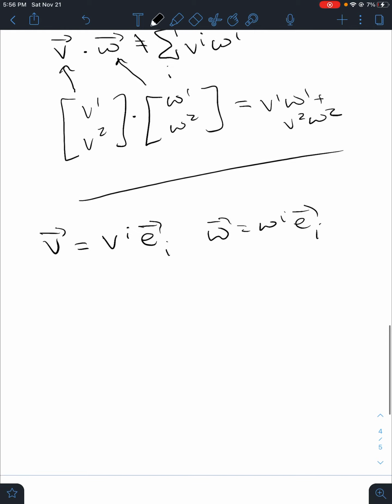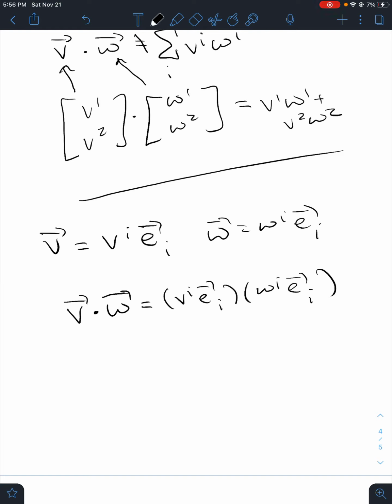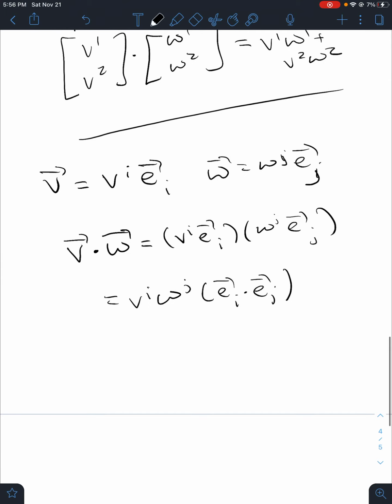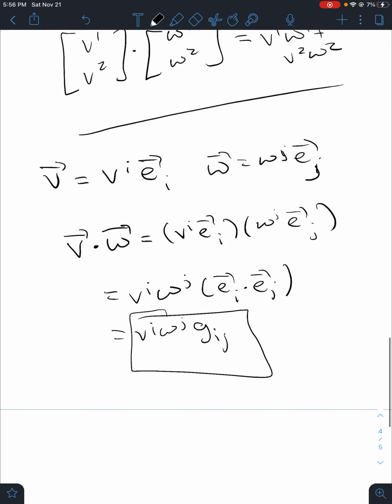So when we multiply v dot w, that's going to be v^i e_i times w^j e_j. Sorry, we should change the summations here. And then we get v^i w^j times e_i dot e_j, and that's the definition of the metric tensor component, g_ij. This is the correct formula for the dot product.